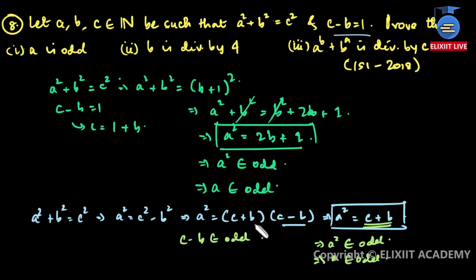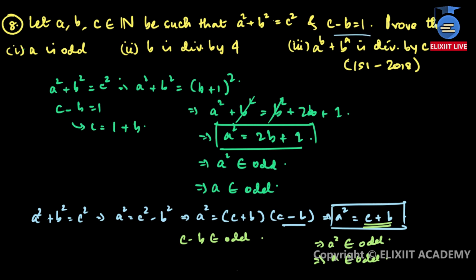A square is c plus b into c minus b. Put the value of c minus b, which is 1, so a square is c plus b. Now c minus b is odd, because c minus b is given to be 1.